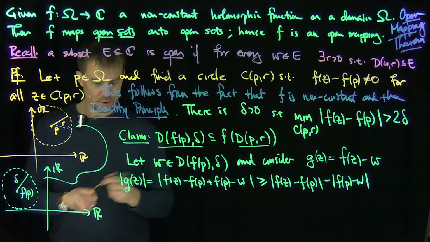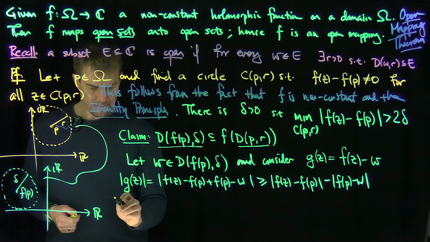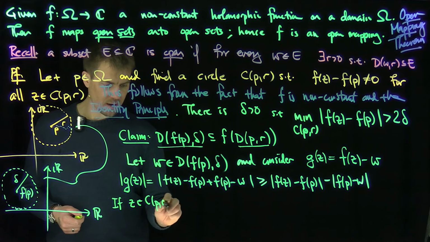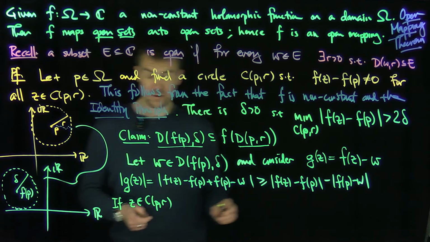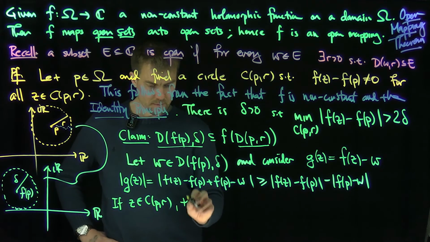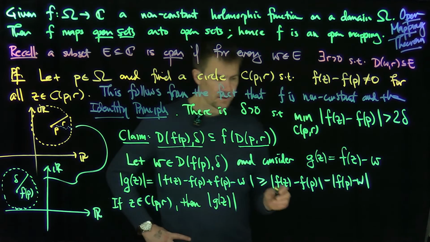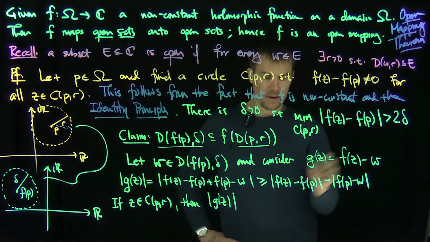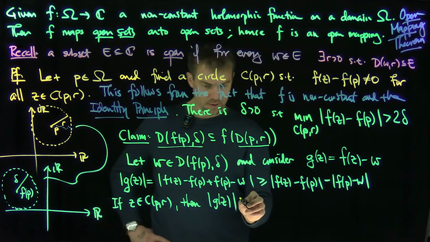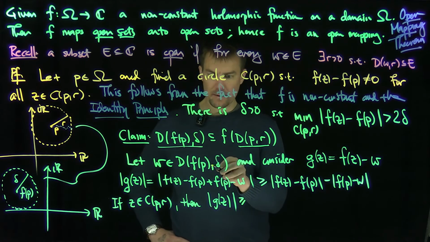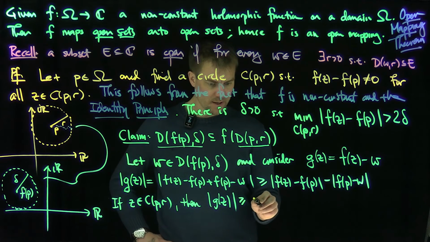So for g, if z is on C(p, r), then what can we say? Then the modulus of g(z), what do you know about f(z) minus f(p)? It's bigger than 2 delta, right? So that's strictly bigger than 2 delta, and then minus delta, because that's where w resides. So 2 delta minus delta.